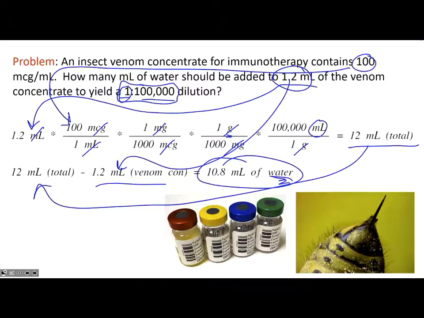So the amount of water to add to the 1.2 mils of venom is 10.8. 10.8 plus 1.2 gives a total of 12 milliliters to give you the total correct volume. Do you see where that was a little bit of a trick there at the end to remember what you're solving for is the total volume, and you have to subtract out the volume from the active source of your drug.